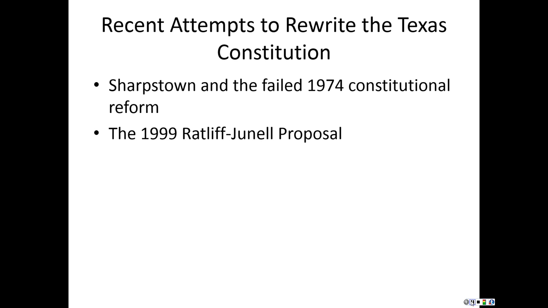The length of legislators' terms would have increased, but the new Constitution would also have imposed term limits. The proposal itself did not pass. It also could not get 2/3 of the legislative vote to pass out of the Texas legislature to the people.